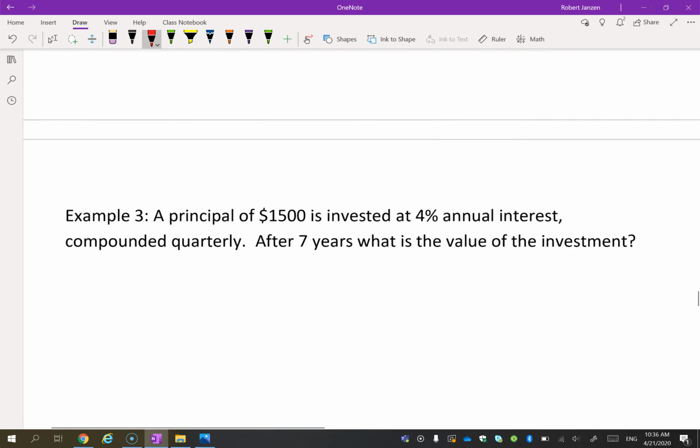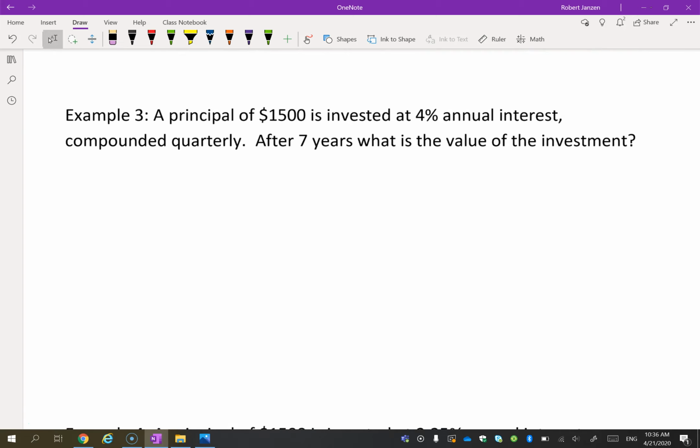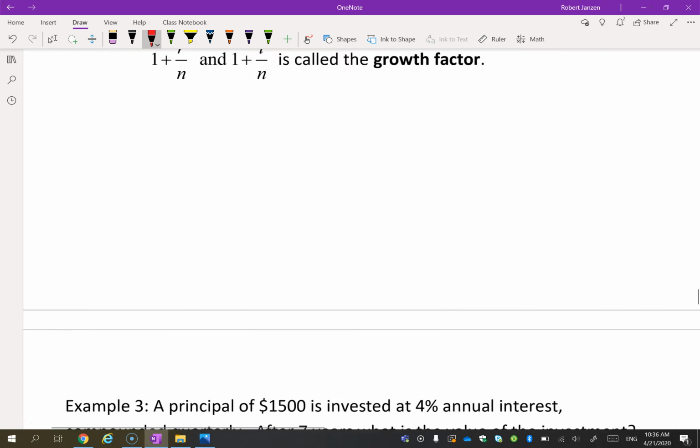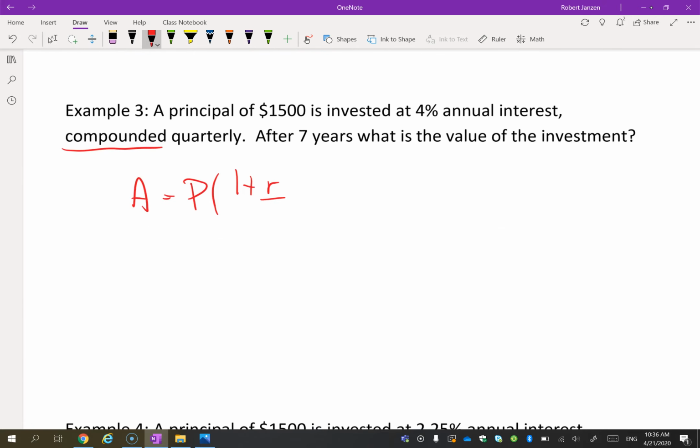Let's try a question. It says a principal of $1,500 is invested at 4% annual interest. Here's the clue that tells you we're using the compound interest formula. So let's write it out: A equals P times (1 plus R over N) to the power of NT.